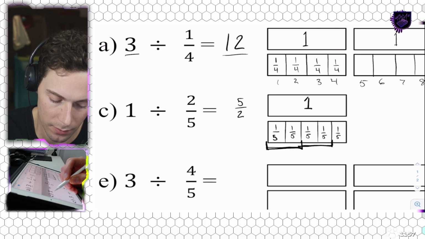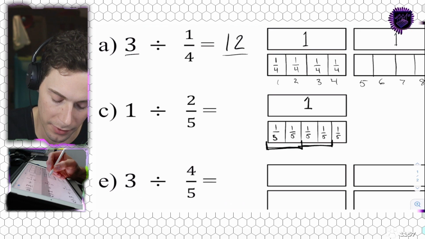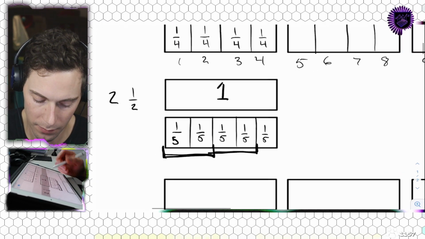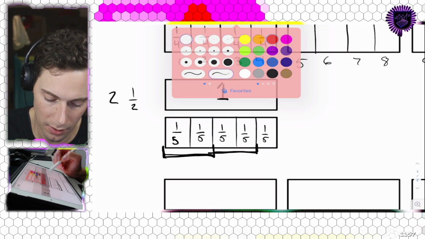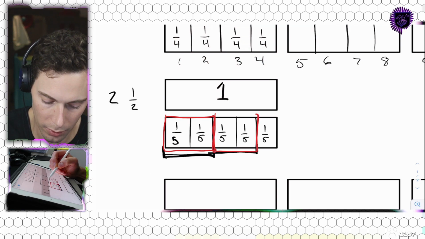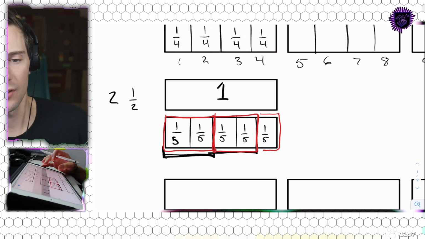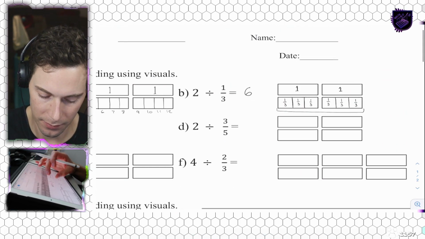And that would simplify to 2 and 1/2. Right, so here's, let's see if I can change my pen color. 1 whole group, 2 whole groups, and then half a group. Visually, it's a little bit strange.